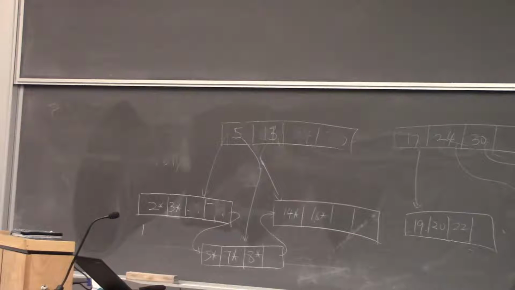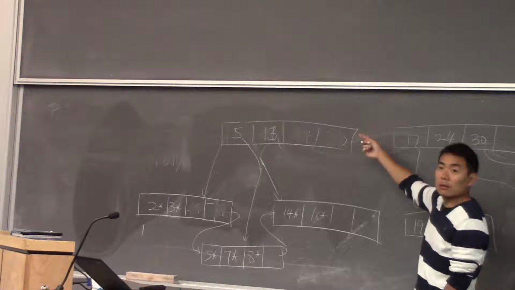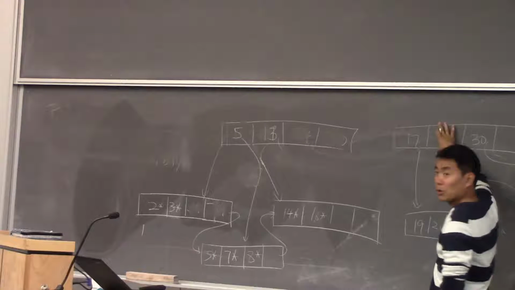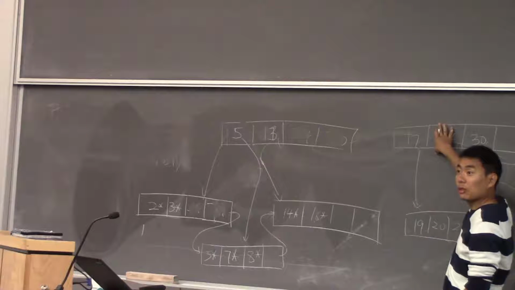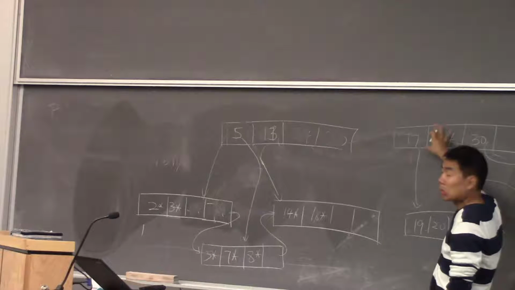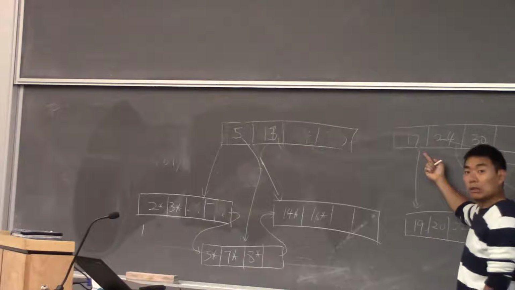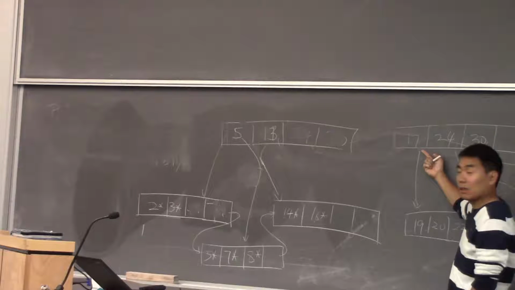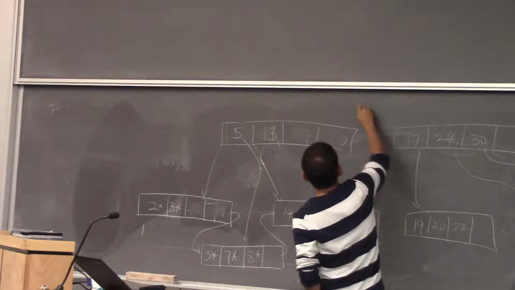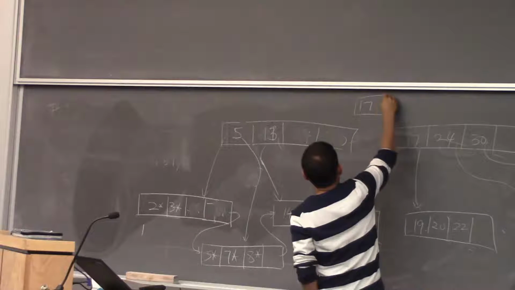Do all of you follow me? What's going on so far? The next thing is you want to make an entry above, right? Because you have a new node in this level, you have to have an entry above to index this. So what you do is you copy out the smallest key value from the second node, which is 17, and make a pointer back to it.